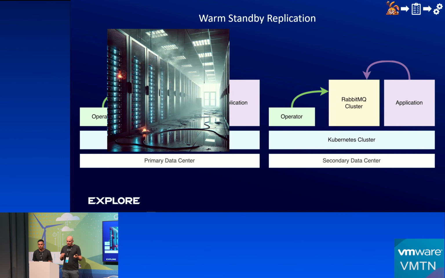The only downside right now is warm standby replication does not replicate the Kubernetes resources, so there might be a bit of manual cleanup, but in a major case like this, you shouldn't worry about it.